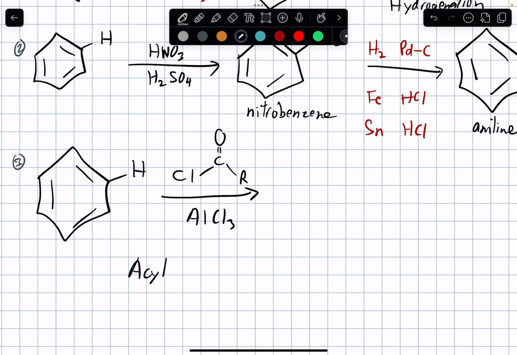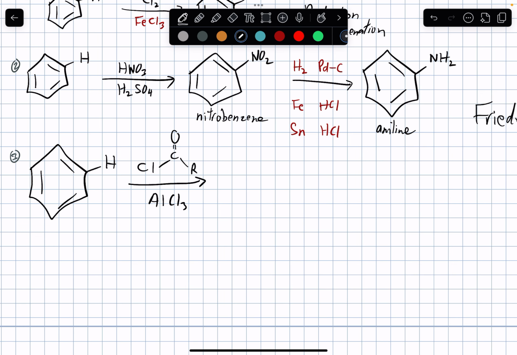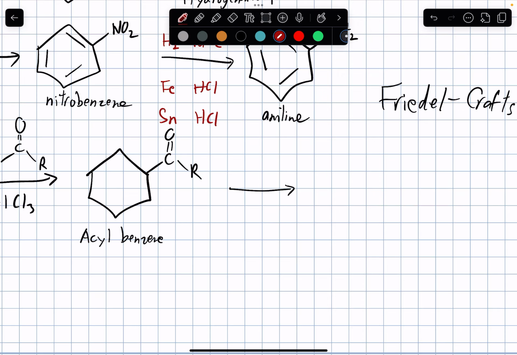Acylation. Okay? That's the spelling. So what we produce is again an acyl benzene. So this is our acyl group. The acyl benzene is reduced. We can further reduce this.